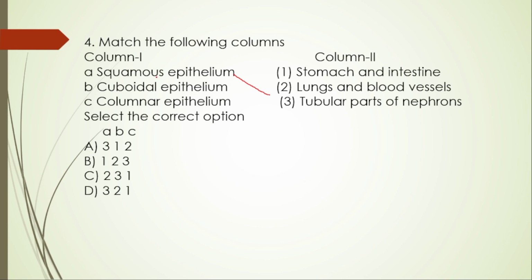For example, A is 2 means option C is right. Then B, cuboidal epithelium, is for the tubular parts of the nephrons, isn't it? Next, columnar epithelium is for the stomach and intestine. So like that, for the 4th question, the right option is C, that is 2, 3 and then 1.